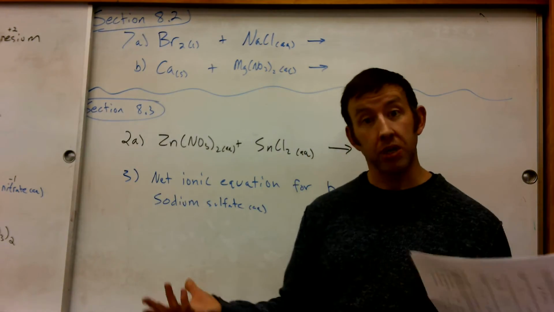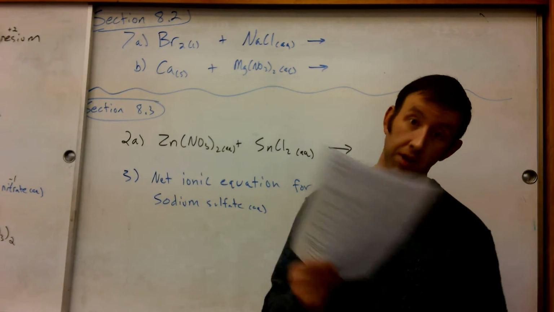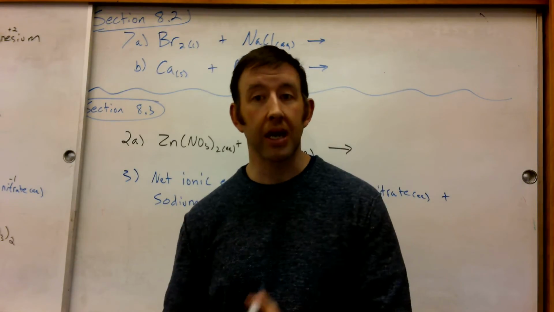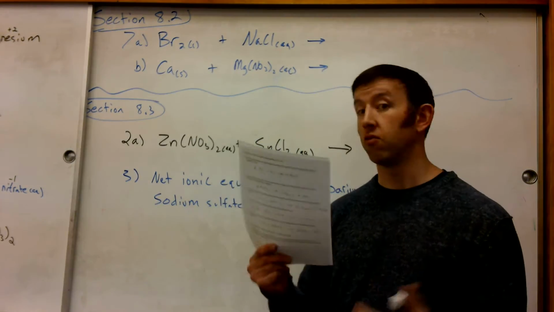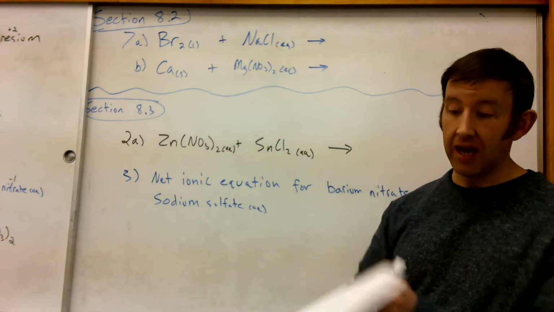And if it's a double replacement reaction, we would need to use solubility rules to determine does a reaction occur or does it not, all right? And I think I've got a couple examples of where they don't, so we can explain why, all right? So we'll start with 7A.